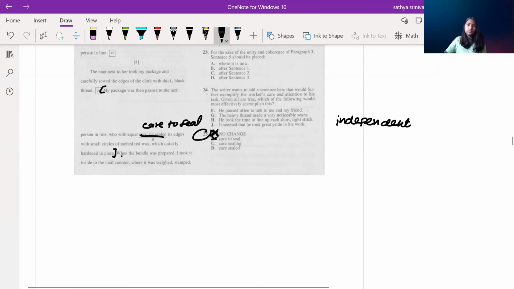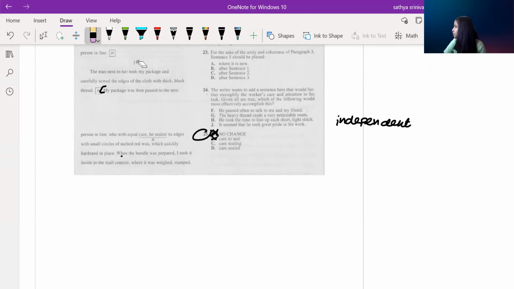And then my package was then passed to the next person in line, who with equal care sealing its edges with small circles of melted wax, which quickly hardened in place.